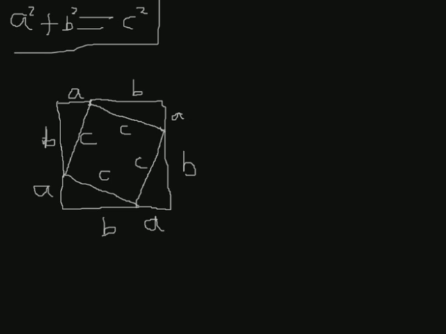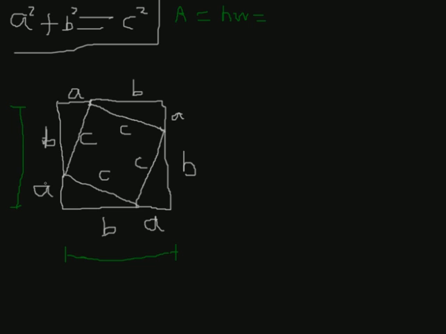Alright, so what is the area of the entire square? So the area of a square is just equal to height times width, and in this case it is equal, so the height is that one, and the width is from there to there.